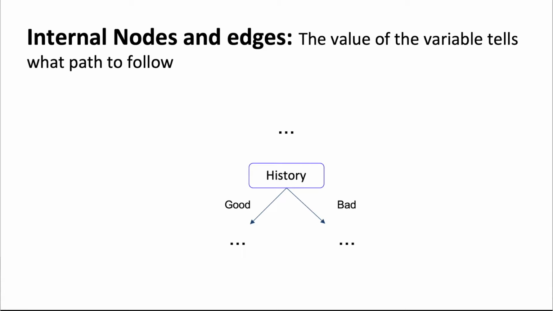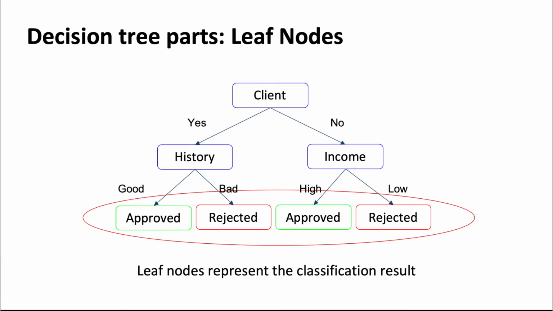For example, in this case, history, and we say, okay, if the history is good, we go down through the left side of the tree, and if the history of this particular person is bad, we go down through the right side of the tree. Finally, we have the leaf nodes. The leaf nodes basically have the final prediction of the model. And of course, they take the same values as the class column.